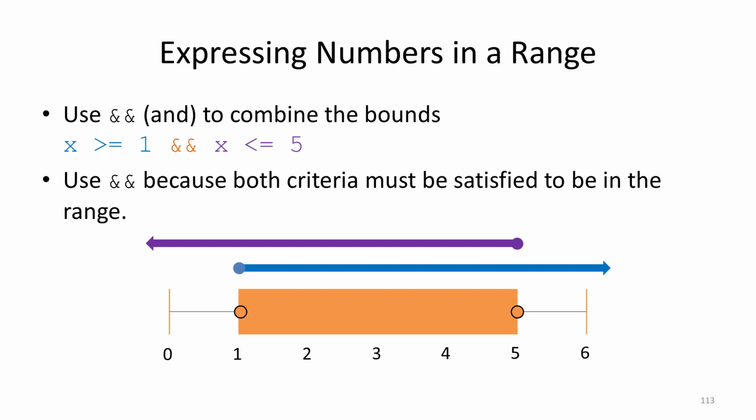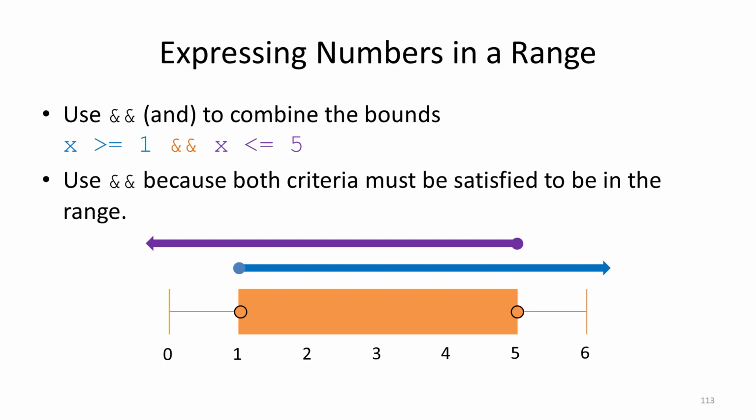The blue is the number line that represents all numbers greater than or equal to 1. The purple represents all numbers less than or equal to 5. Where those two overlap, that is the range of numbers that will satisfy the condition: x greater than or equal to 1 and x less than or equal to 5.